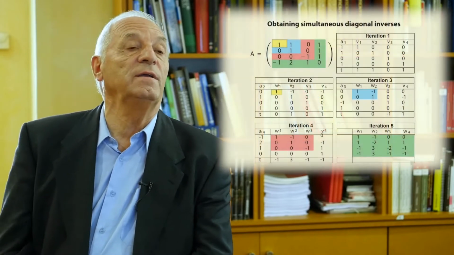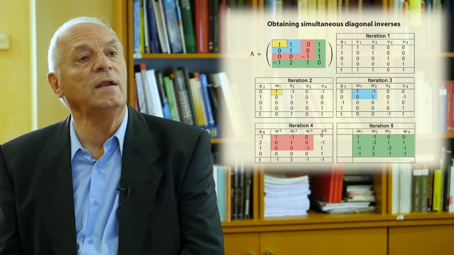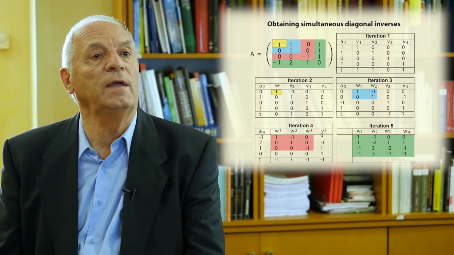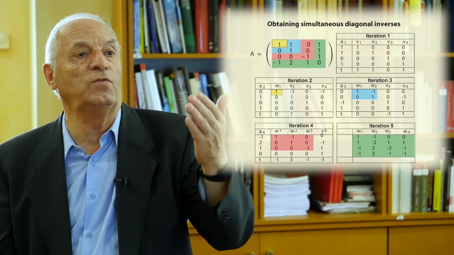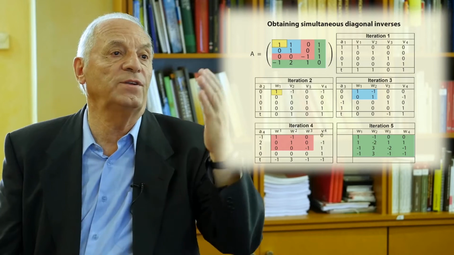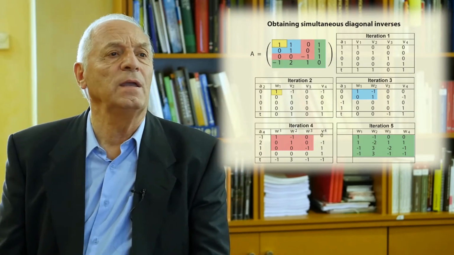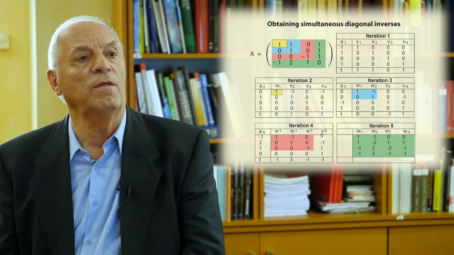Another interesting property of this algorithm is that we can obtain the inverses of the matrices associated to the main diagonal of dimension 1, 2, 3, and 4. You have one matrix in yellow color, 1 by 1. You have one matrix in blue color, 2 by 2. You have one matrix in fuchsia color, 3 by 3.